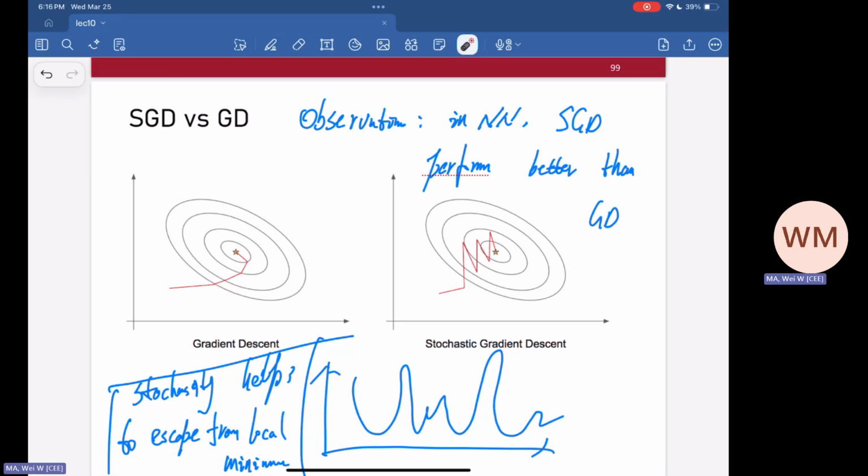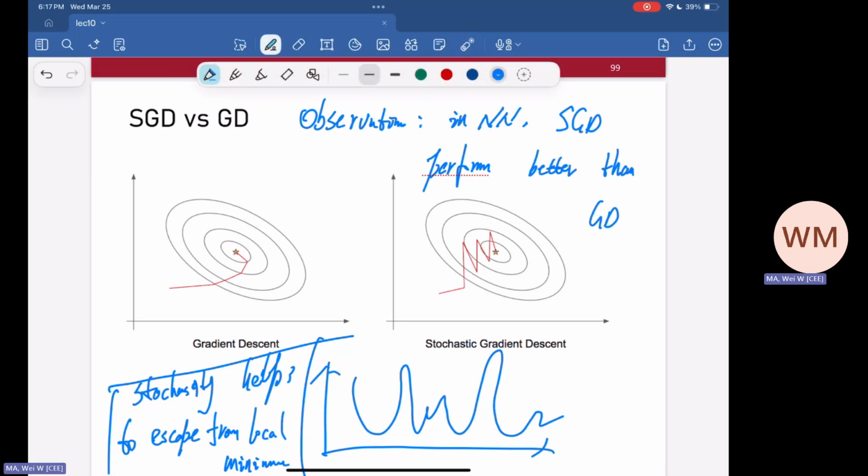There are professors particularly working on why SGD performs well and how it can be used. If you're interested, you can look at this. There's another statement, maybe it's difficult to understand. SGD helps to improve the robustness of the model.